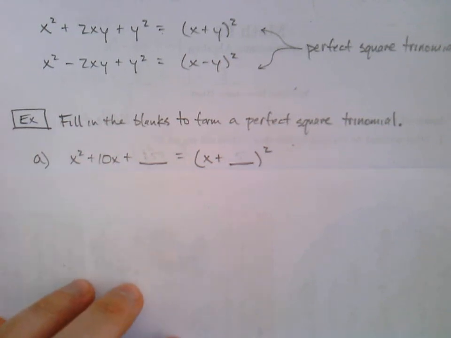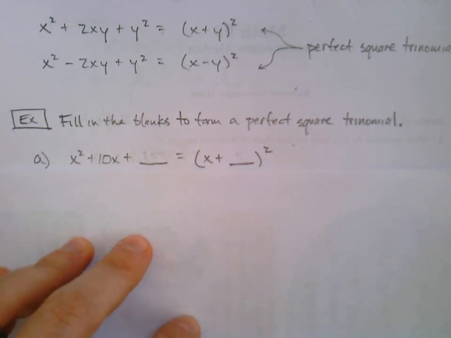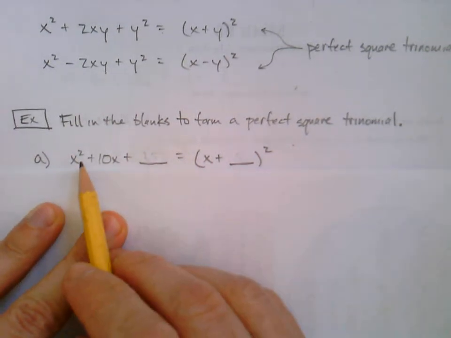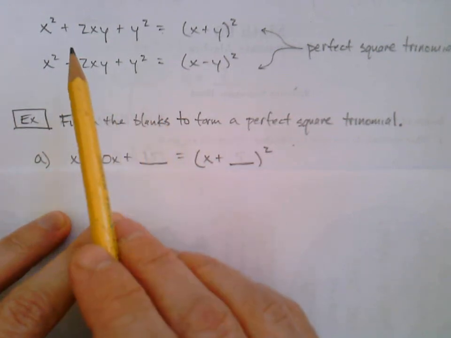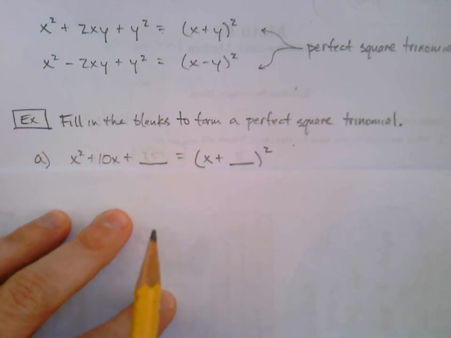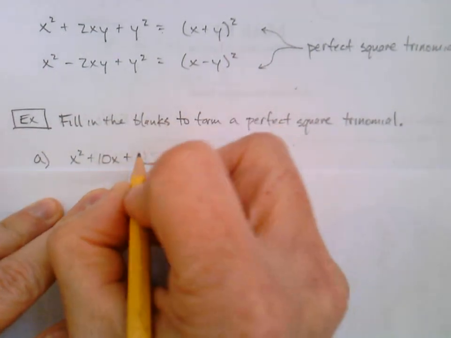I wouldn't be surprised if one or two people at least saw it pretty quickly. If I've got x squared plus 10x, what would go here to make this a perfect square trinomial? It turns out that it's 25.